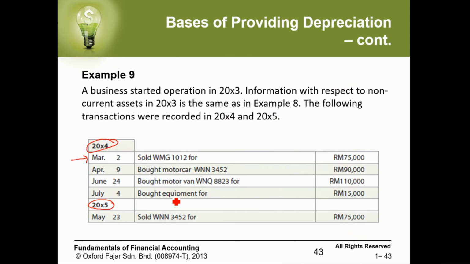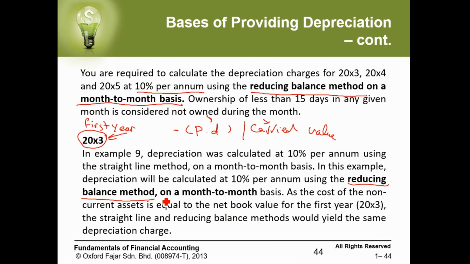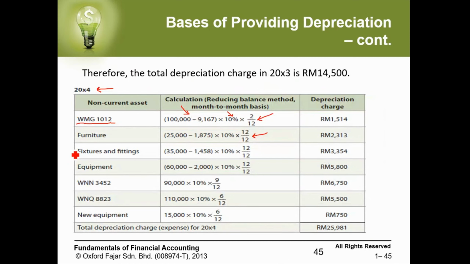And we didn't sell this fixture and fitting, which means we are keeping it for the year 2014. So it's 35,000 minus the previous depreciation, which is the carried value, multiplied by 10%, multiplied by 12 divided by 12. Here you can put it or not, it is up to you. Okay? So the amount is 3,354.